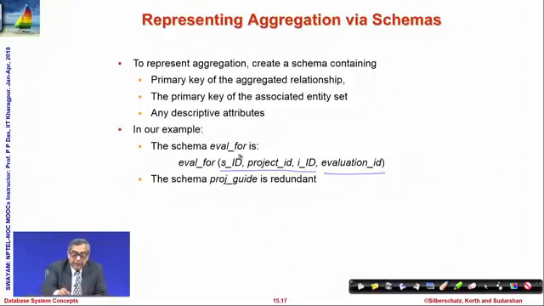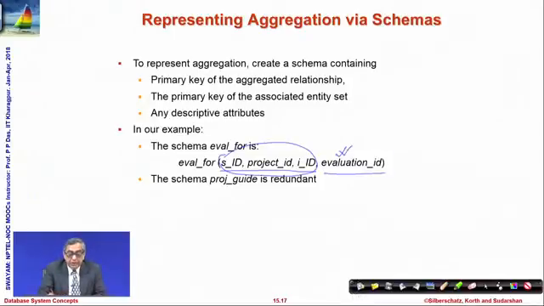Now you can see that all of these are related, representing who is the guide of which student in what project, and if this exists, then this gives you the evaluation. So, naturally once this has been represented, the project guide schema by itself becomes redundant and therefore, it can be removed.